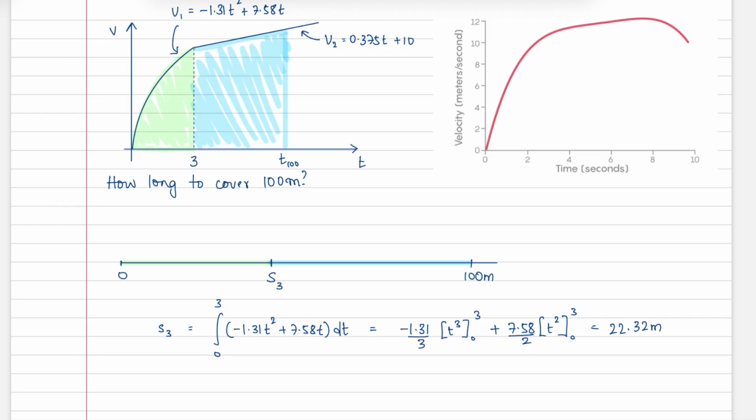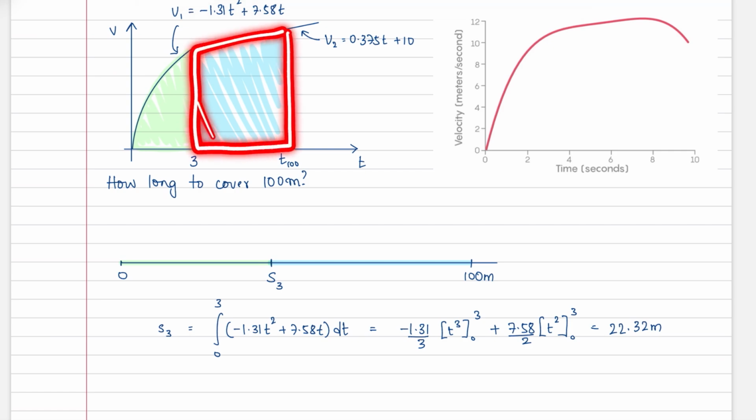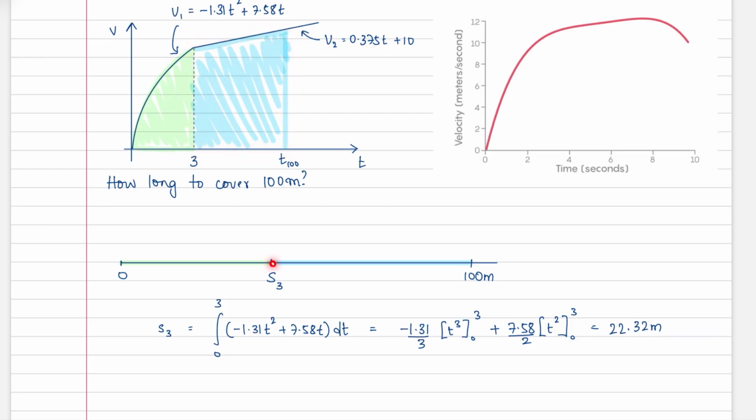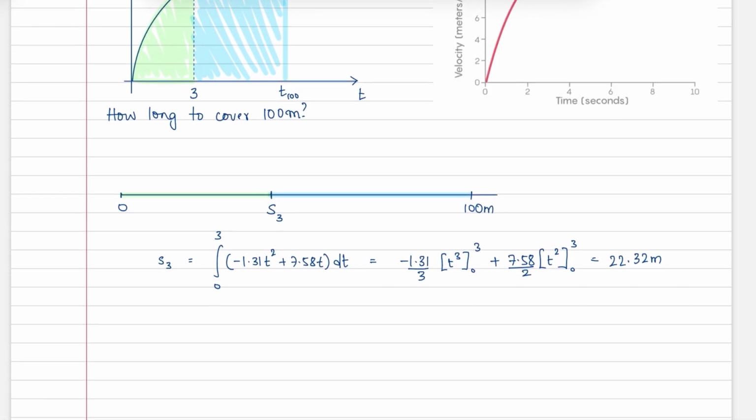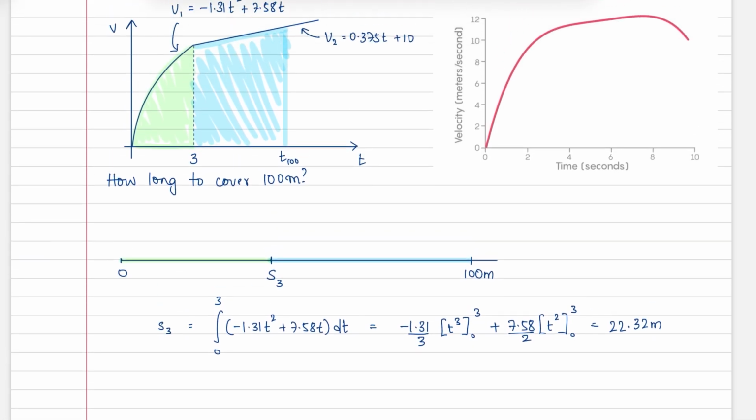What are we after? We're looking for how long it would take to cover 100 meters, which means now we need to find the area here such that that is equal to 100 minus this. Okay, so area under the line, I'm going to call it just S from 3 to 100, is equal to 100 minus 22.32.